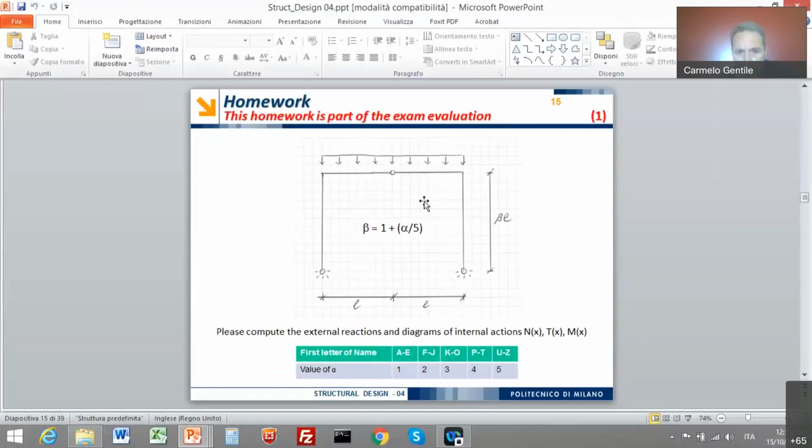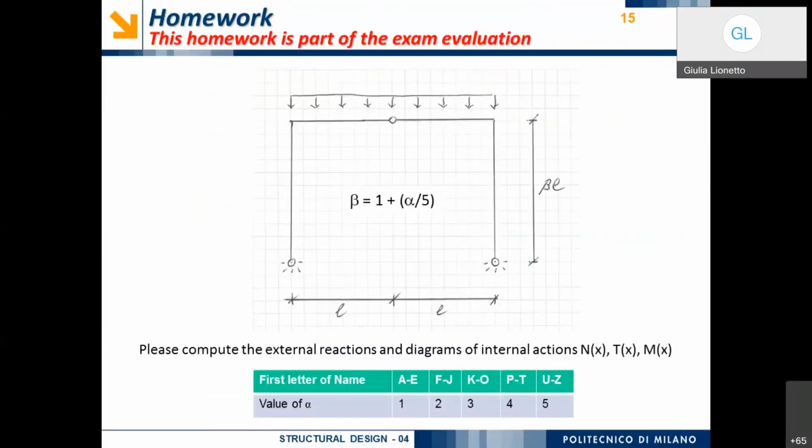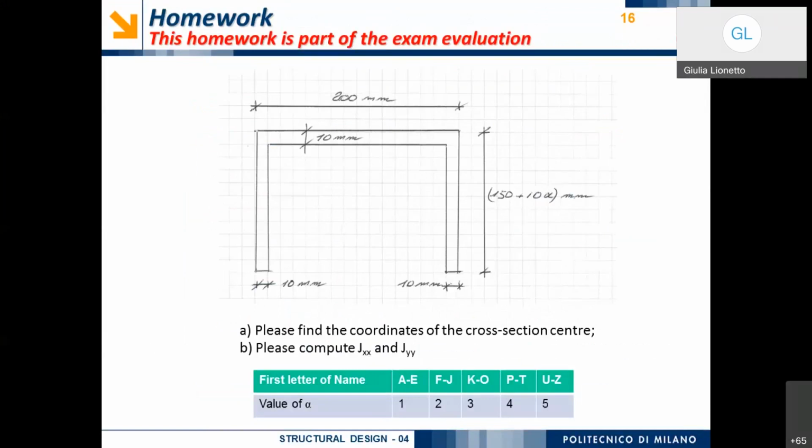Okay. I'm sorry, could you repeat the second exercise? Do you see the cross section? I will send you these slides after the end. Do you see the cross section? Yes. So you have to find the coordinates of the center of the cross section.